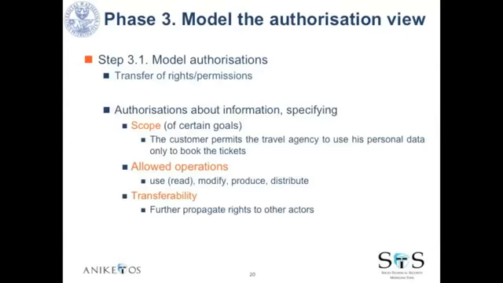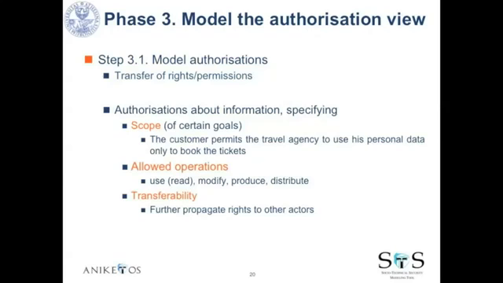An important point when dealing with information exchange and how information is to be manipulated is also to keep track of how one gives permission to others to manipulate his information. That's why after having modeled the social and information view, we go to the third phase, that of modeling the authorization view, in which we model authorizations. So basically the transfer of permissions from one actor to another, where the first actor is mainly the owner of information.